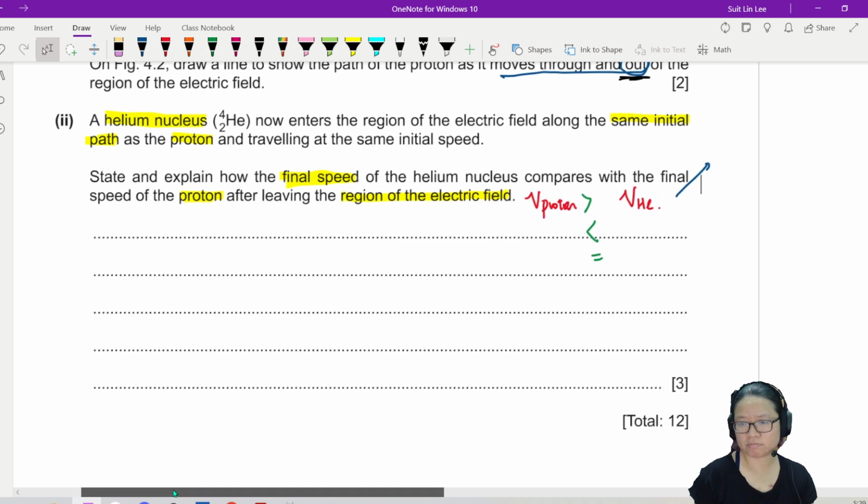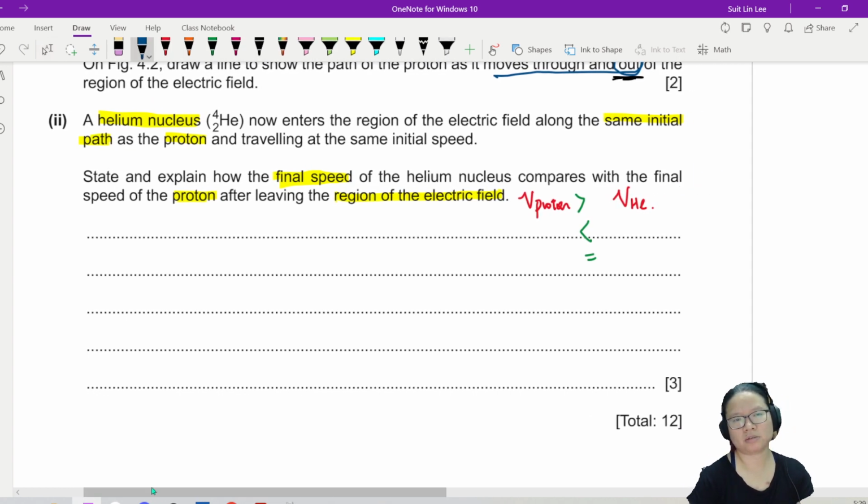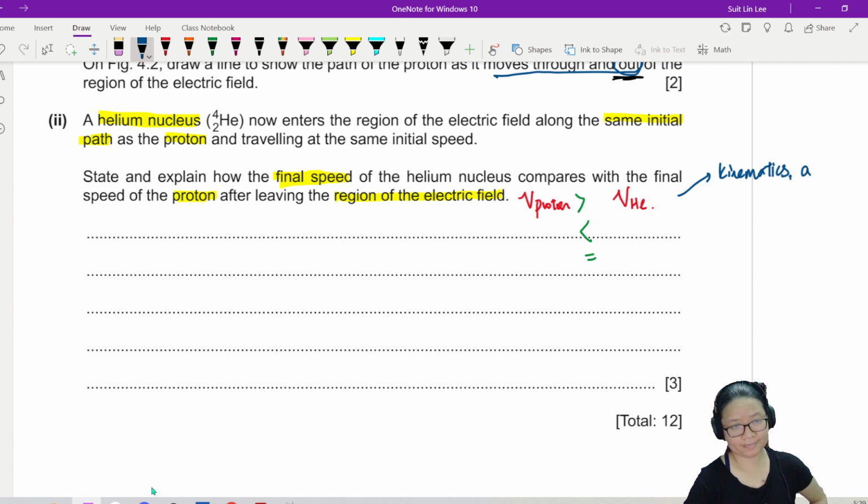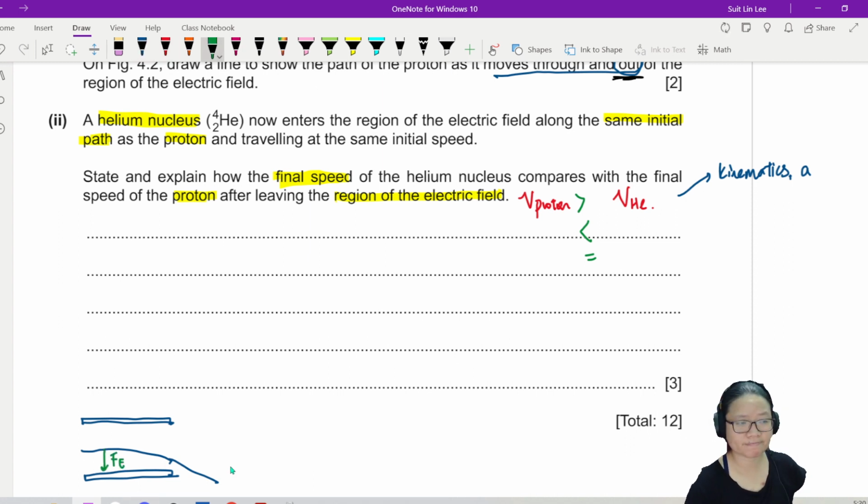First one I think about is kinematics. Meaning I need to figure out what is the acceleration a. The reason why the proton and helium are accelerating in the first place is because you have an electric force, Fe, pulling it downwards.